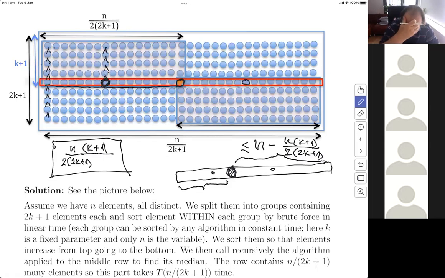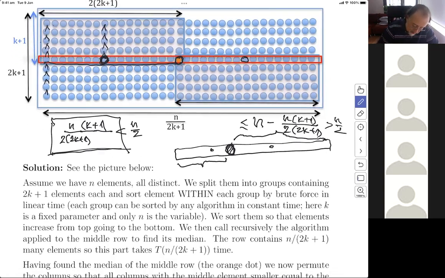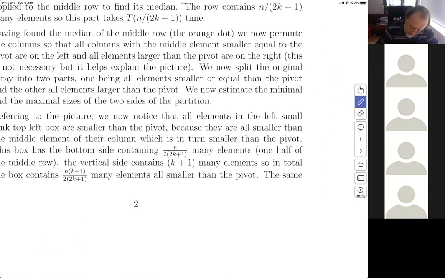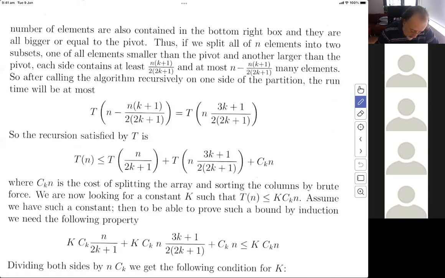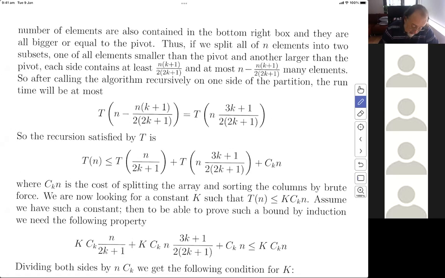In any case, notice this guy here is smaller than n over 2, right? And this guy is actually bigger than n over 2. So either side will have at most this many elements. And now you can just do very simple algebra, right?